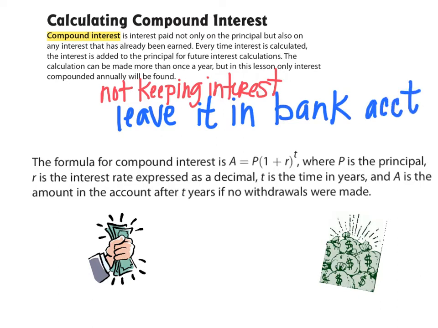The formula, which we have on our foldable, is the amount in your account is equal to the principal or the starting original amount times 1 plus the interest rate as a decimal, and then the amount of time, which is very important because now it's an exponent.